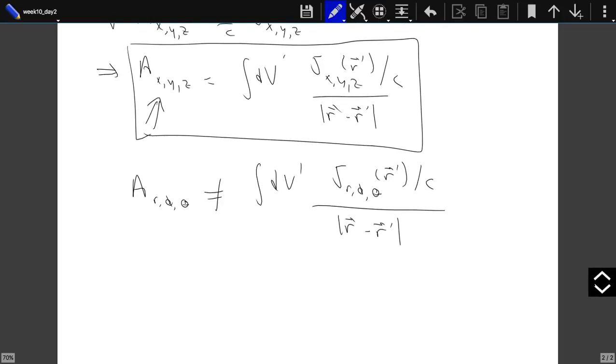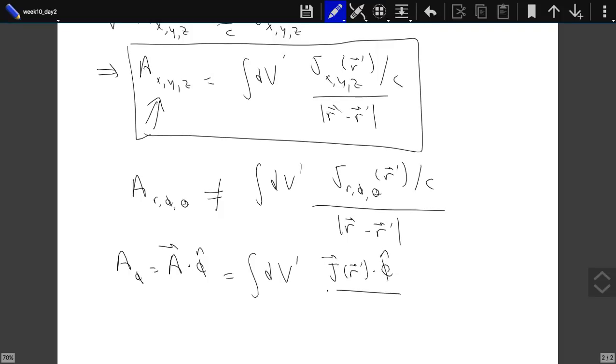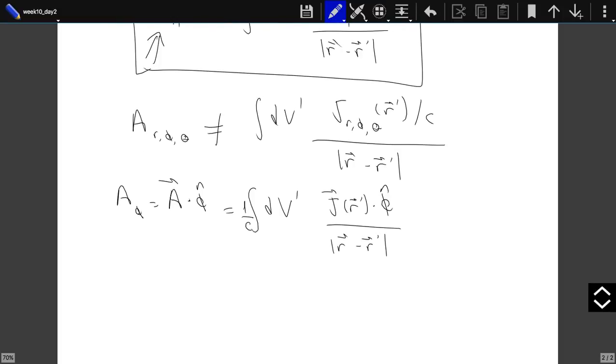Basically, because how do you calculate the phi component? This is A dot phi hat, which is equal to the integral dv prime of j at the point r prime dot phi hat divided by r minus r prime times 1 over c.